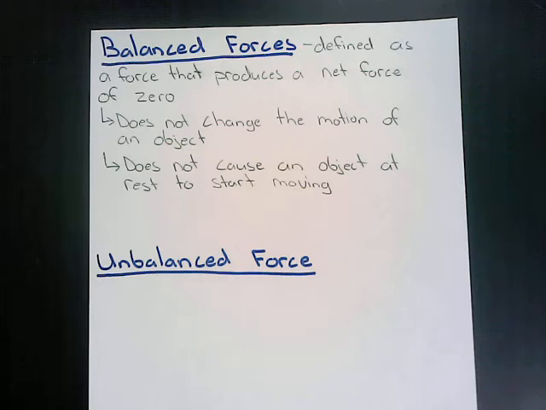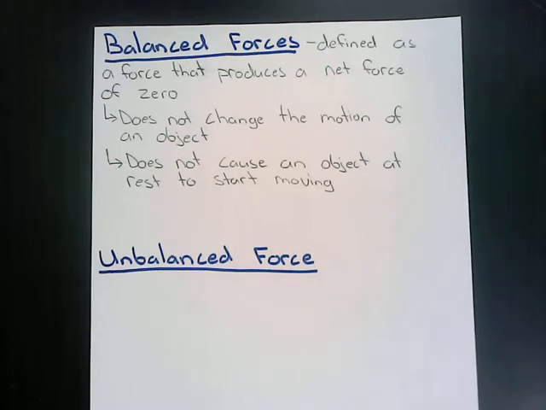One of the best ways to think about a balanced force is if you have a light, like a chandelier, hanging from the ceiling, which is at rest, the upward force due to the tension in the cord balances the downward force of gravity, and overall you have a net force of 0, which means that light or that chandelier is not moving.